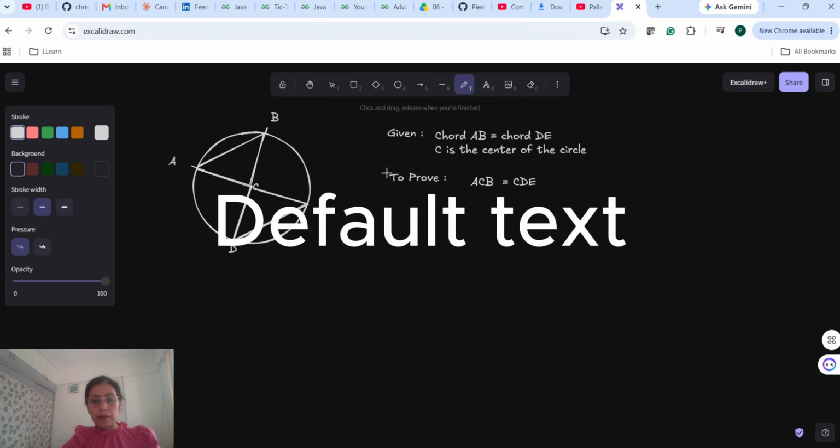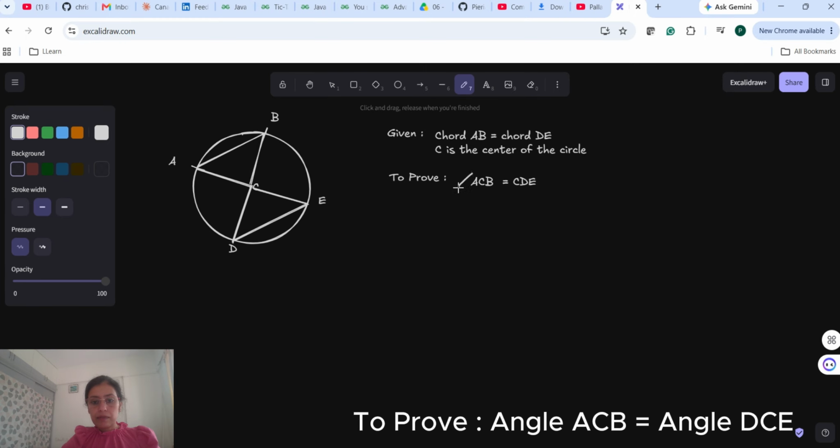Okay, so I'll make it. This is the angle, and this is the second angle. So if we draw here, what we are asked to prove is this angle is equal to this angle.